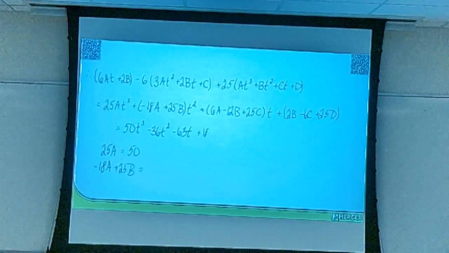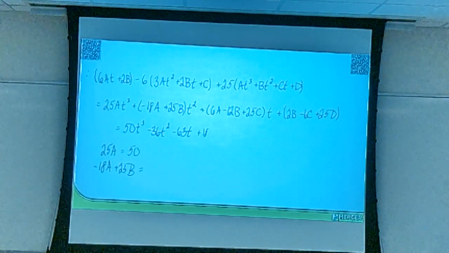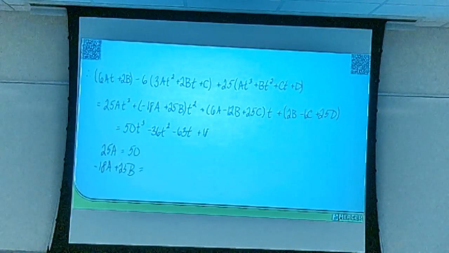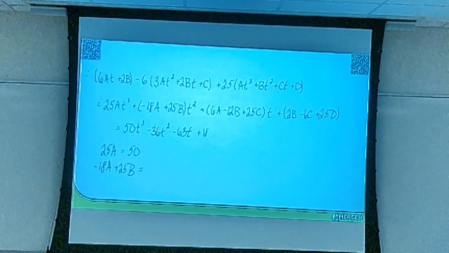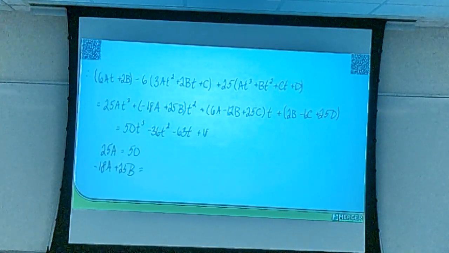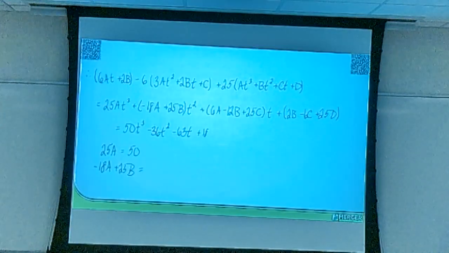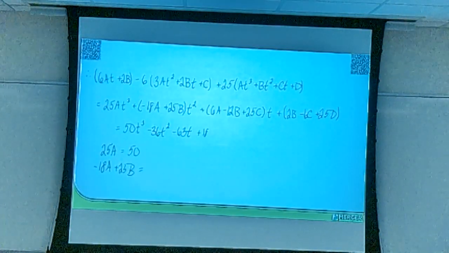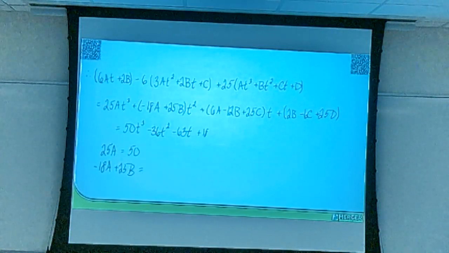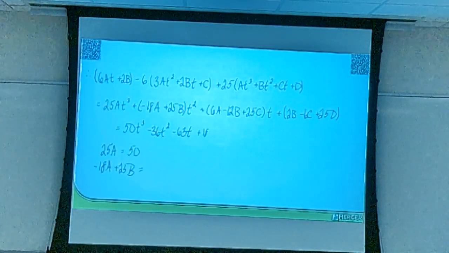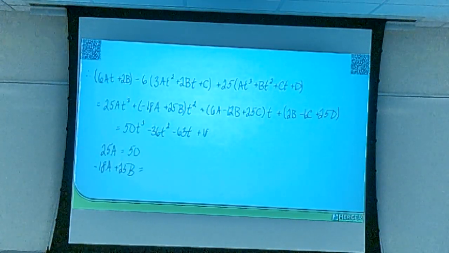Negative 18a plus 25b has to equal what? Minus 13.